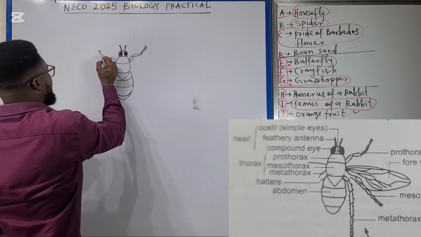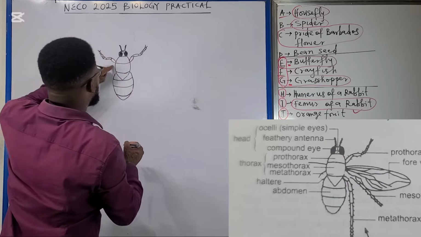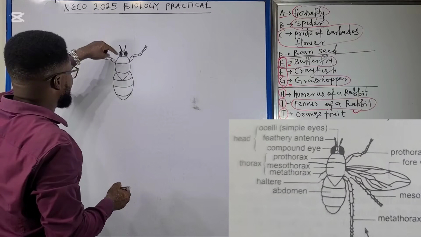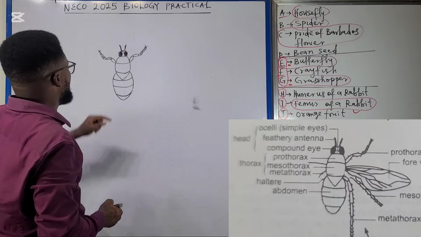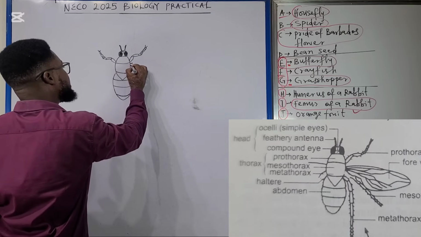Okay, and that's just about that. That's the first pair of walking legs on the prothorax. Next up is the wing. The wing should go something like this.